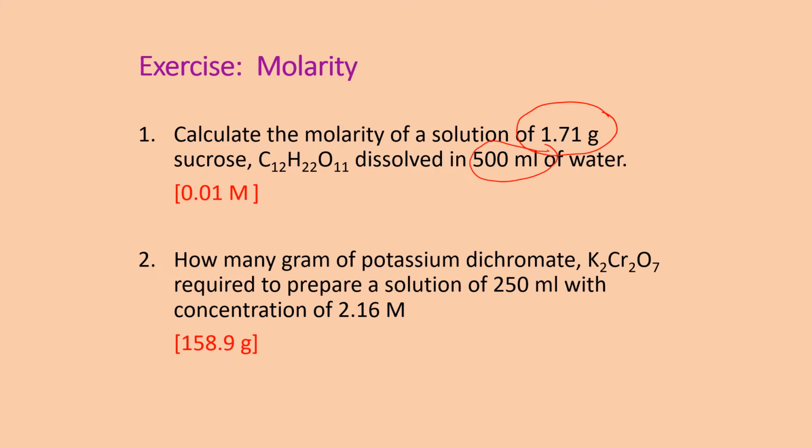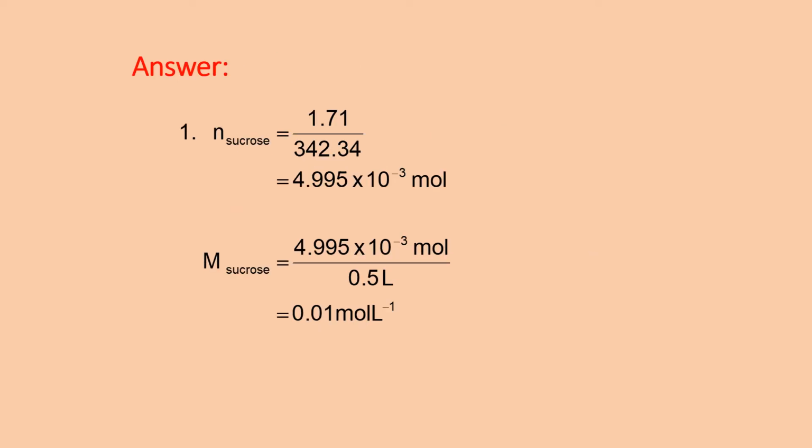How many grams of potassium dichromate are required to prepare a solution of 250 ml with concentration of 2.16 molar? So you have the volume of the solution and also you have the molarity of the solution. Okay, this is how to answer the questions.